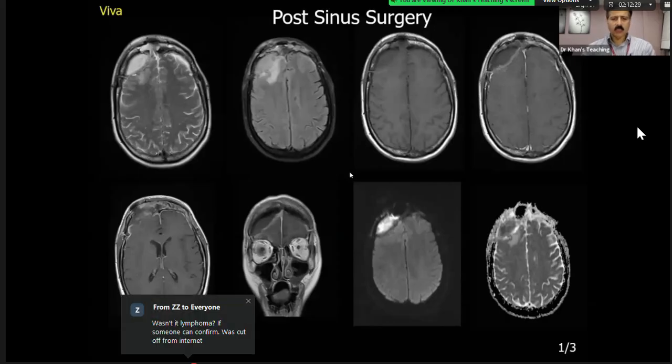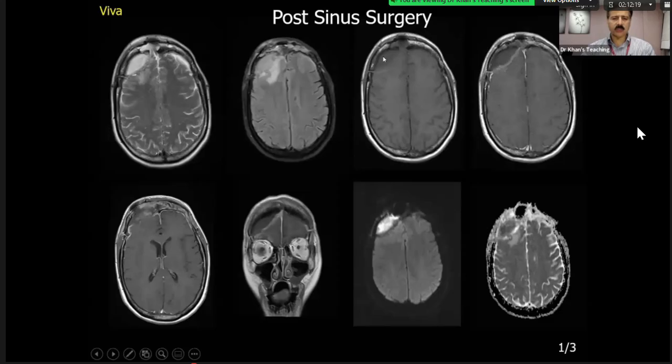Now, in this case, the learning points are that, first of all, I've given you the history and you can see with that history, there is a fluid containing extraaxial collection here, which shows restricted diffusion on DWI, low on ADC map.